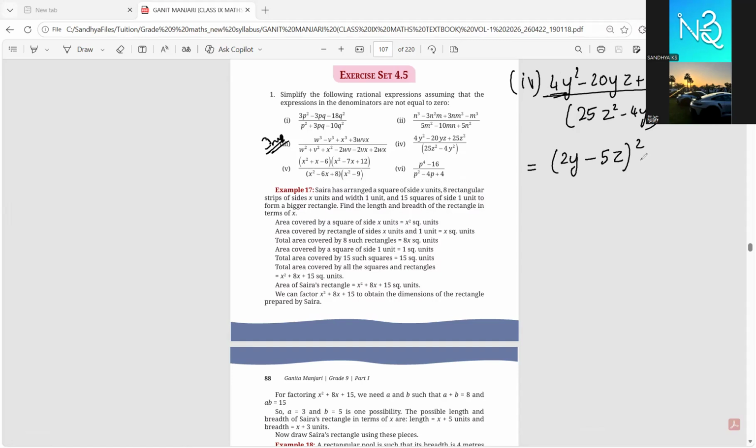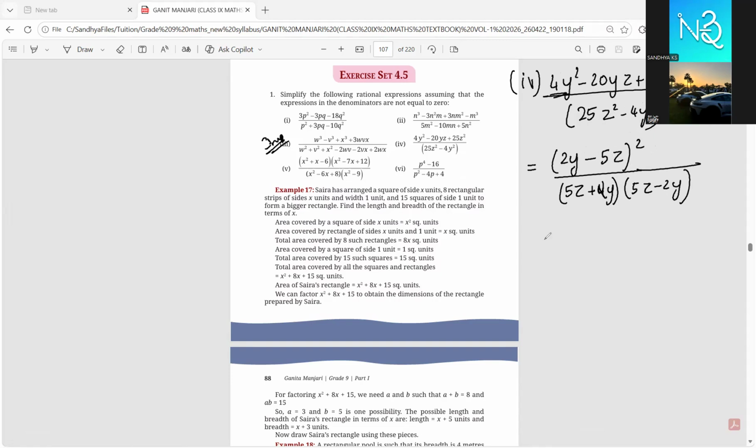And in the denominator, it is in the form of a squared minus b squared. So a squared minus b squared is a plus b into a minus b. So a means 5z plus, not 4y, it will be 2y, because the square root of 4 is 2. And we will get 5z minus 2y.